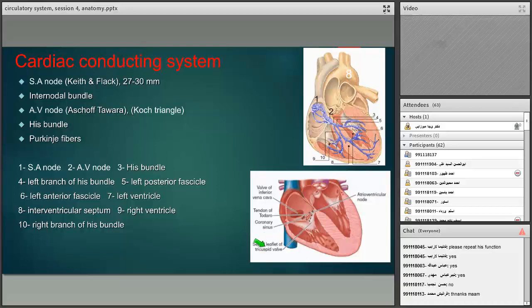One of these sides is the septal leaflet of the tricuspid valve. Look here, this is the septal valve, and this is the base of the septal leaflet of the tricuspid valve. The other side is this one, the valve of the coronary sinus, here. And the last side is called the tendon of Todaro.